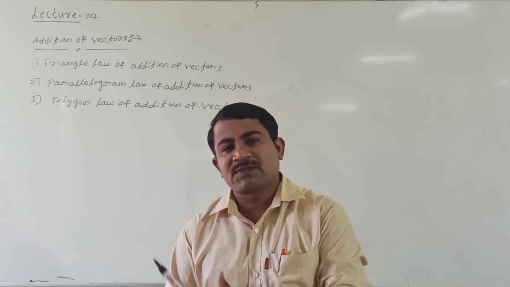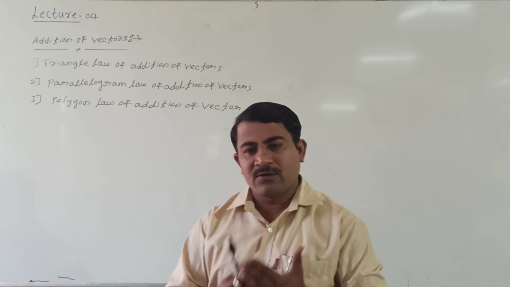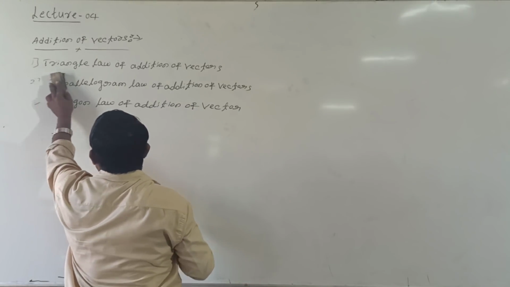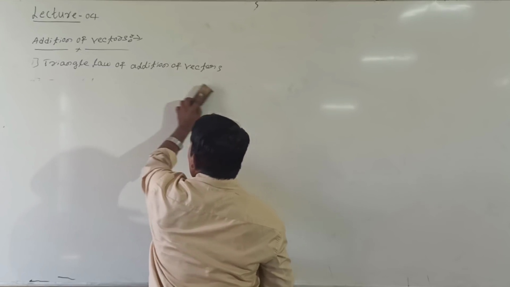Now let us see, students, in detail concern to triangle, parallelogram and polygon. Shall I go to the first law? The first law is triangle law of addition of vector.